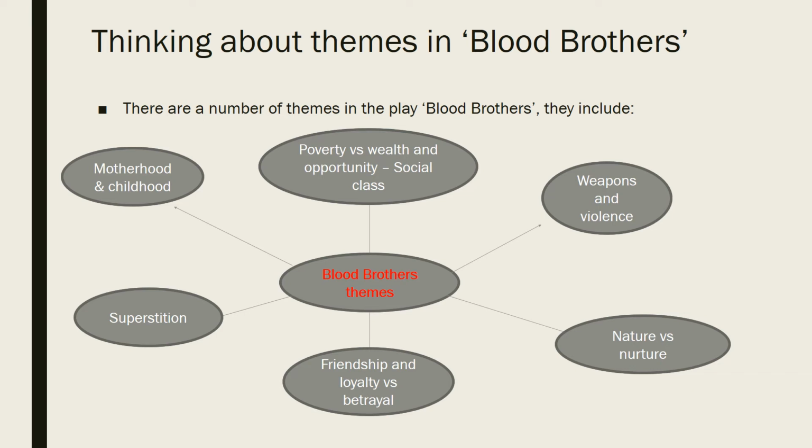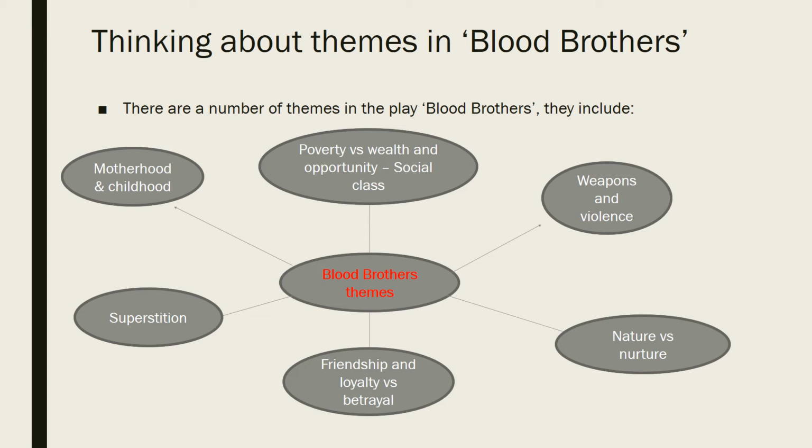So, thinking about the themes in Blood Brothers then, there are a number of themes in the play, and they include poverty versus wealth and opportunity, which is all about social class, really, weapons and violence, nature versus nurture.